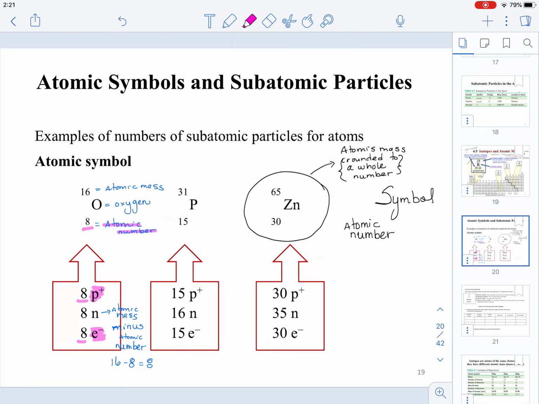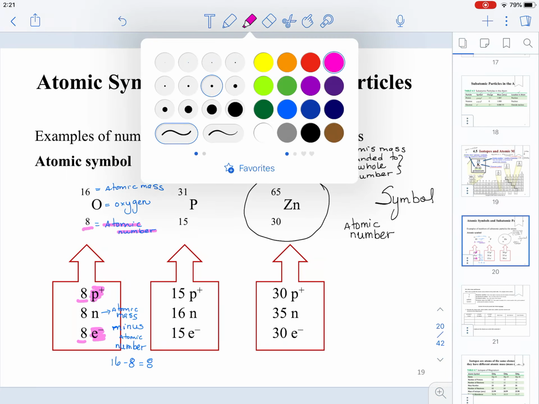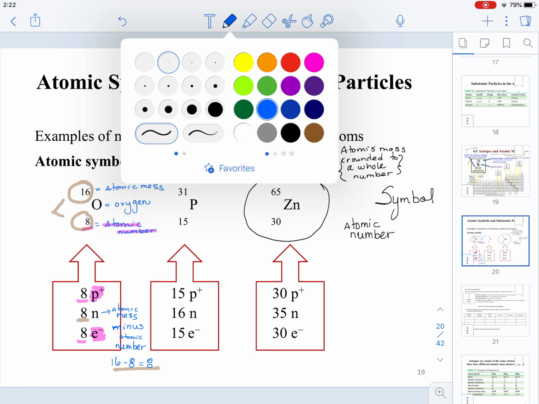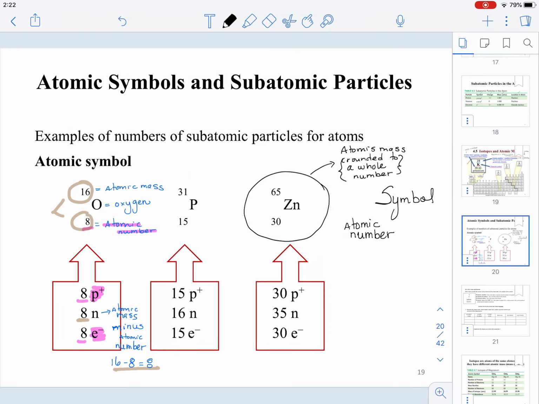And that's where that number comes from. So we took this value and we just subtracted them from each other in order to get the number of neutrons. Make sure that you practice when it comes to this.